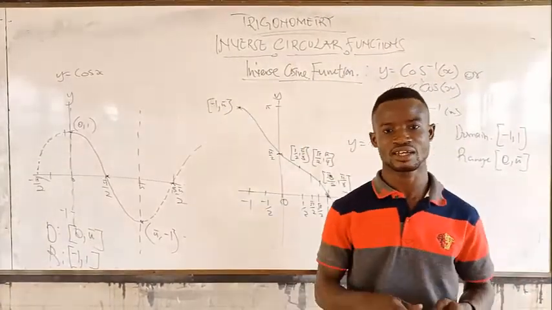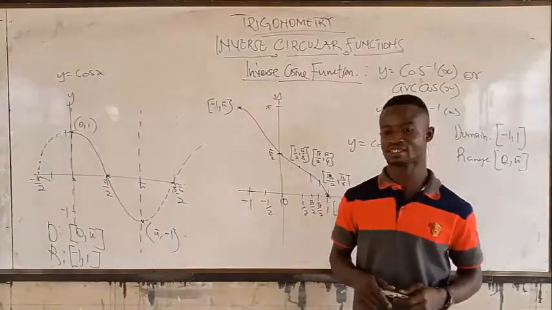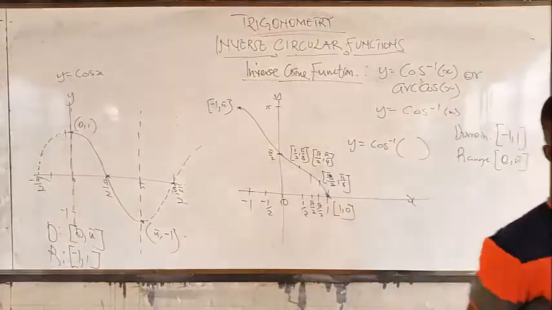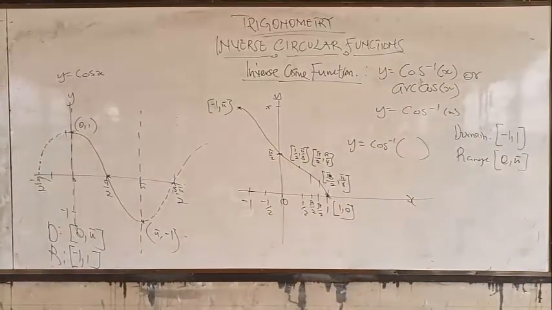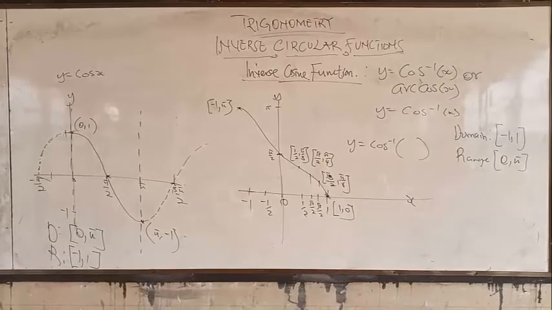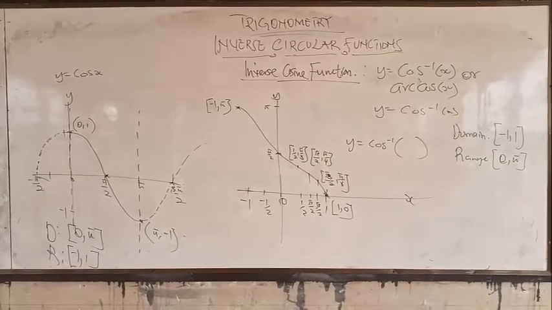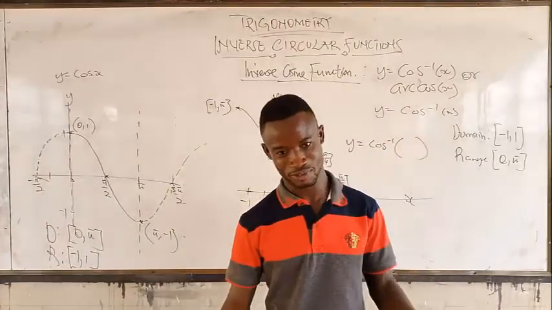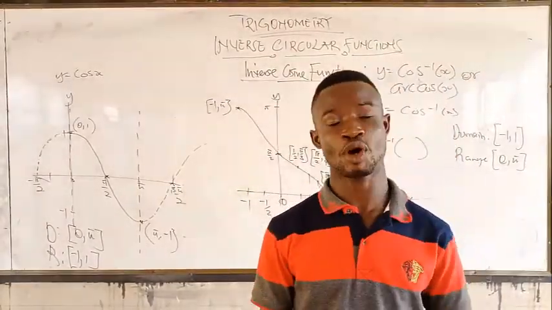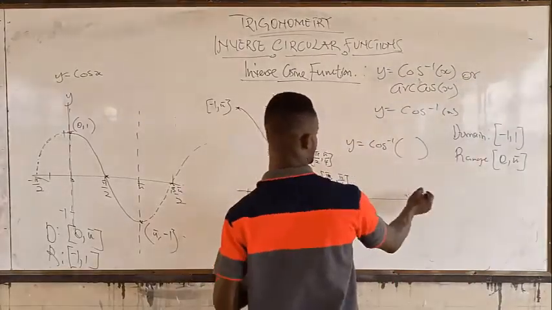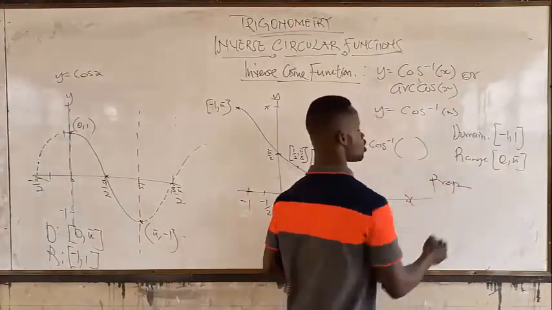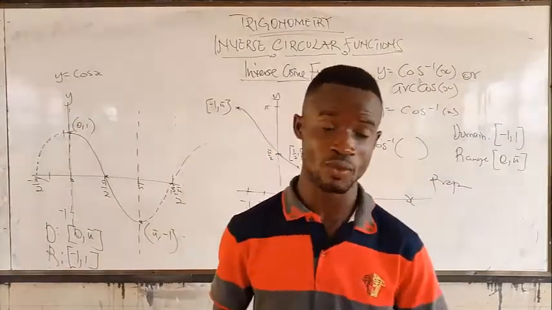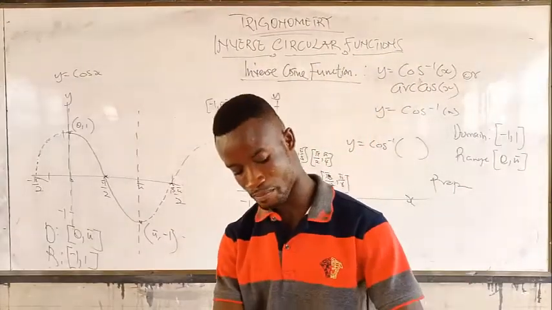Let's look at finding inverse cosine values. Oh, sorry, before we even go for that, let me give you the properties for the cosine inverse. 1.